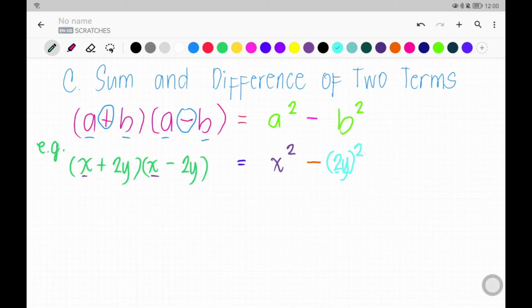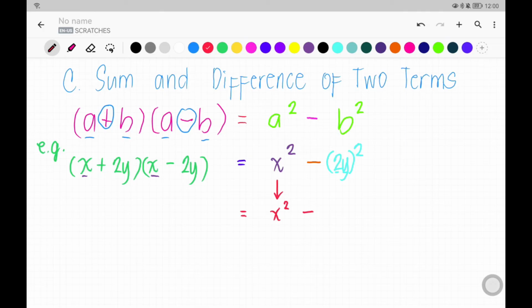Dalawa sila, di ba? So, ibig sabihin, dapat, pag nag-enclose tayo, kailangan mo talaga siya i-enclose again. Right, so our final answer will be, of course, this is x squared kasi hindi na rin naman natin yan masisimplify. Then, we copy minus.